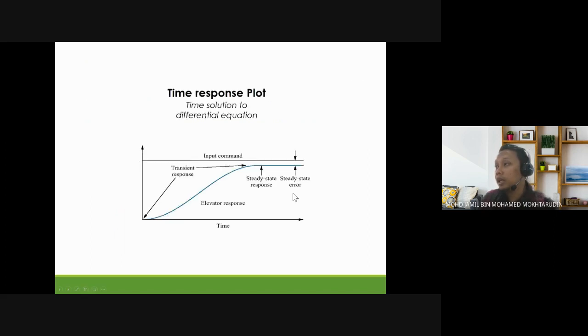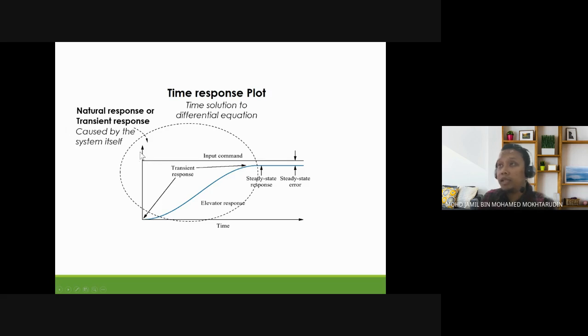Okay, so let's look at an example plot. Let's say you have a plot of a time response. Usually the beginning part here, before reaching the steady state value, is the solution corresponding to the natural response, which is caused by the system itself without the effect of input force.